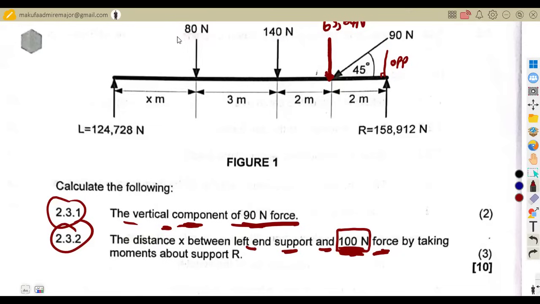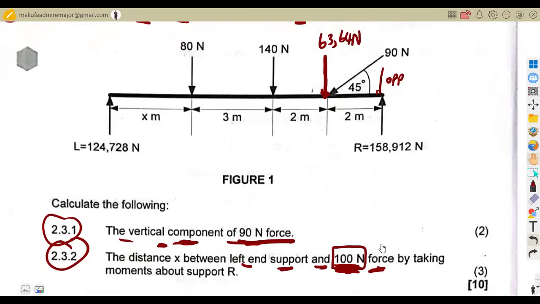We do not know whether the error was on having it as 80 Newton, or the error was on the other one. I'm just going to use what is on the diagram, the 80 Newton. But I want you to try it with the 100 Newton too, because it's an error.